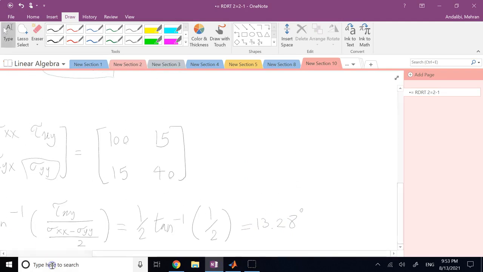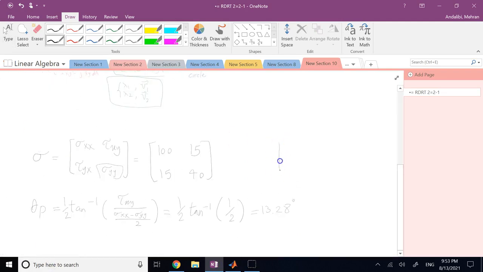So 13.28 degrees. If I rotate my stress element, this is my stress element, this is sigma yy, this is sigma xx, this is tau xy and tau yx, which are the same thing.